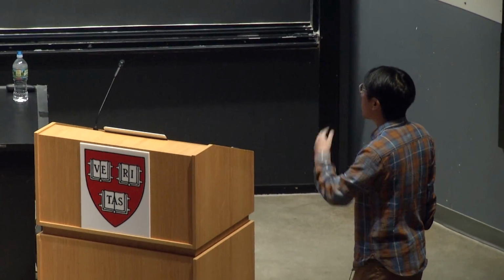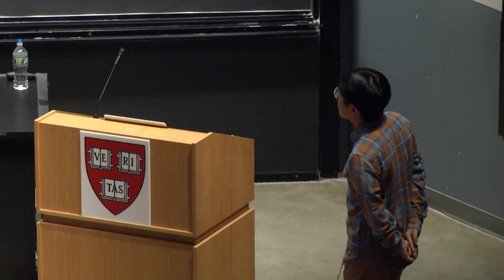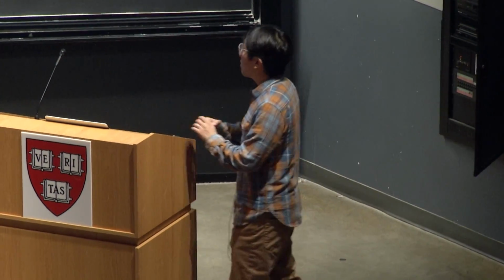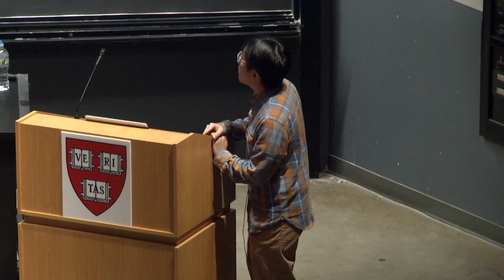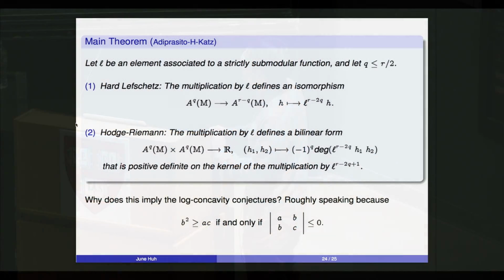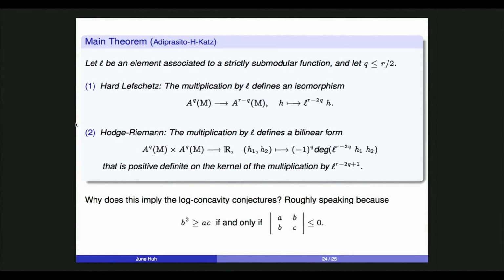And the relation to the log-concavity inequality, which says that when you have a triple A, B, C, then the middle one squared, B squared, is larger than A times C, corresponds to the statement that the symmetric 2 by 2 matrix A, B, B, C has non-positive determinant.